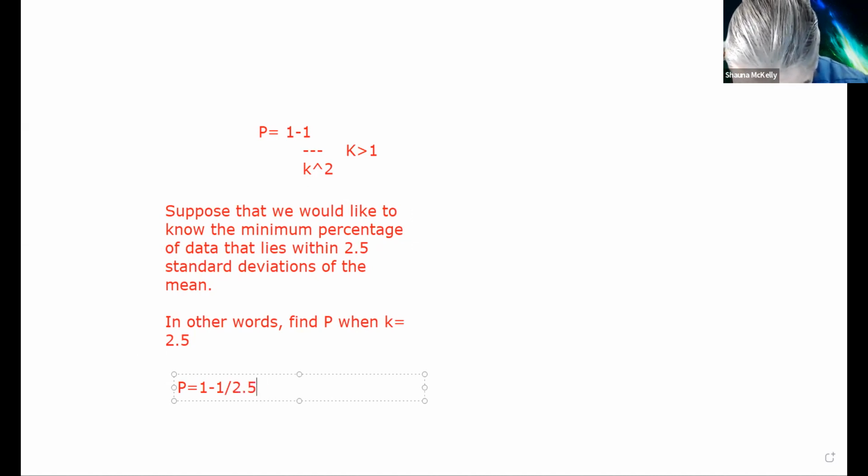Now remember, you want to square not the whole fraction, just the 2.5. Now I'm going to stop sharing for a minute and put up the calculator screen. Okay. So we can see that. And I'm going to clear this out and share the screen here.